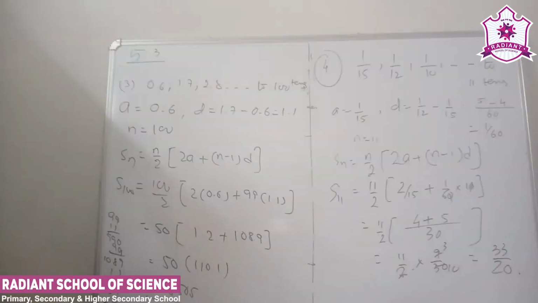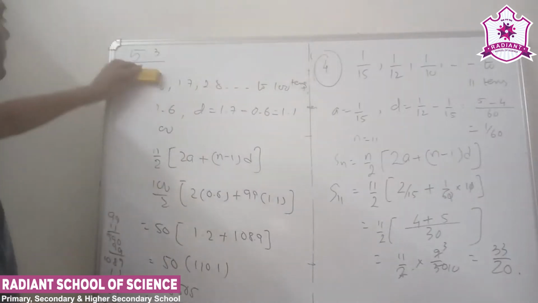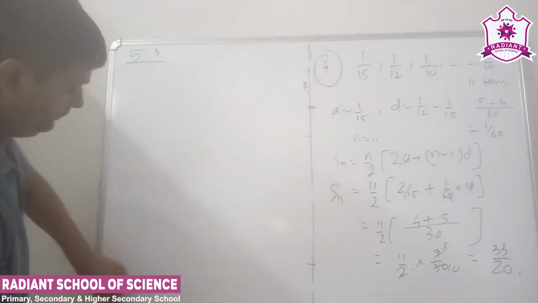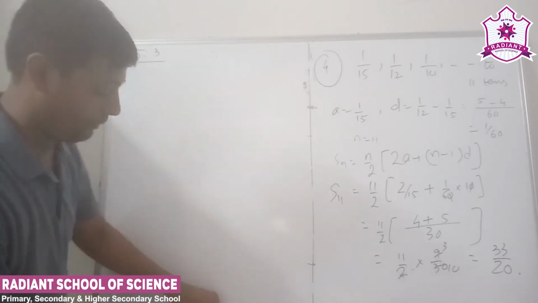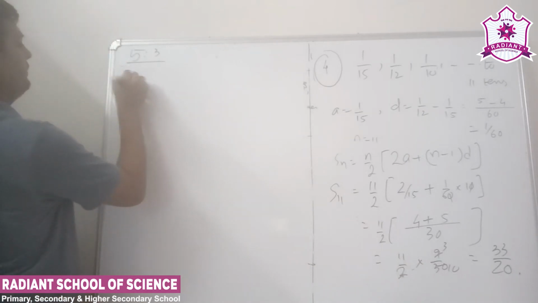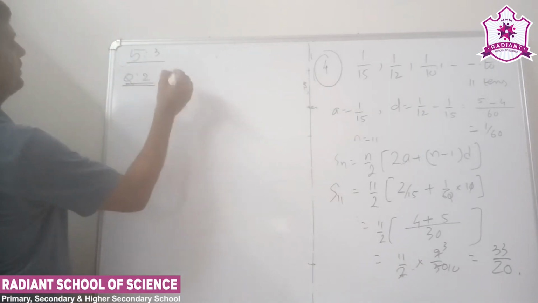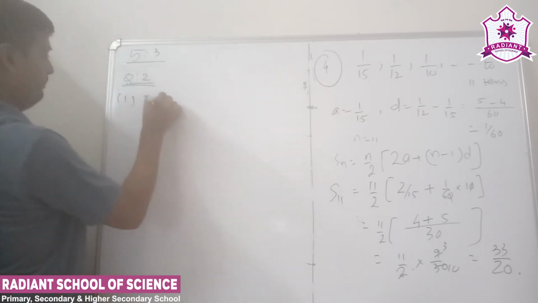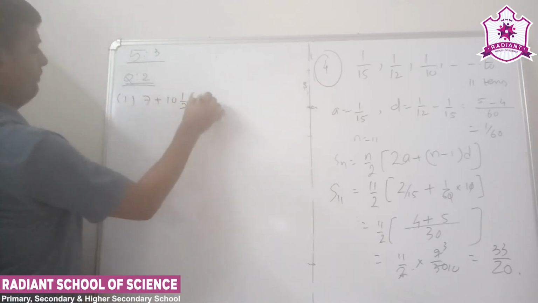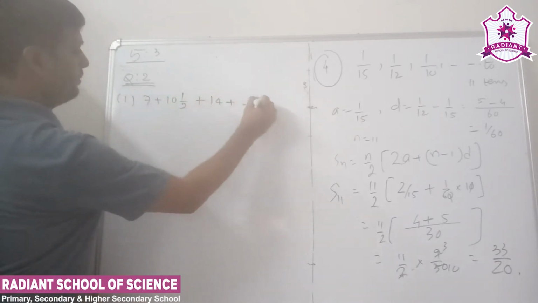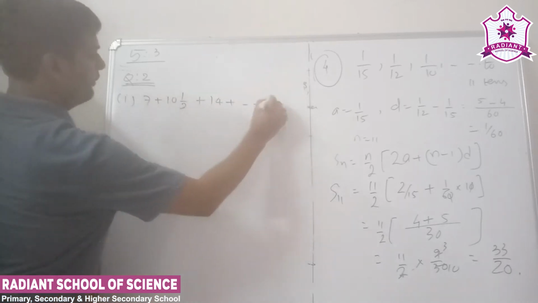Okay. Now another kind of question, question number 2, sum of series, right? First one is 7 plus 10 and a half plus 14, and plus up to 84.